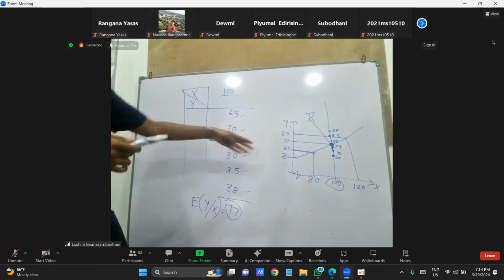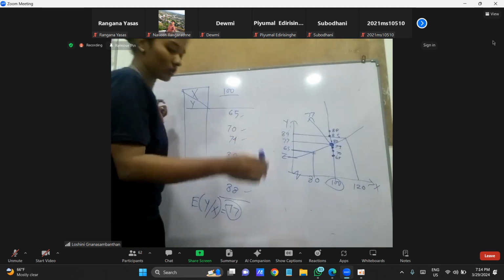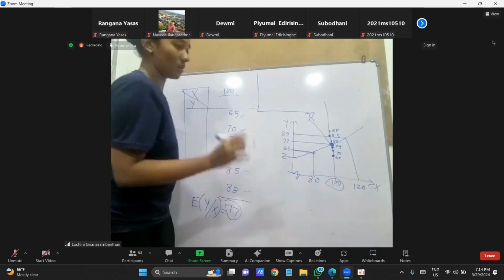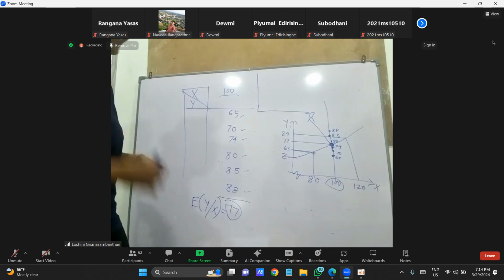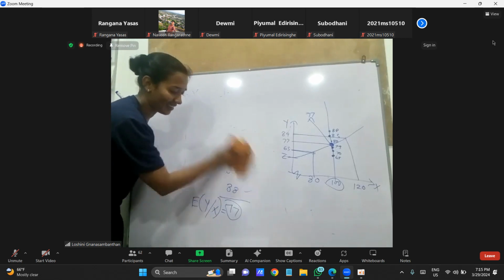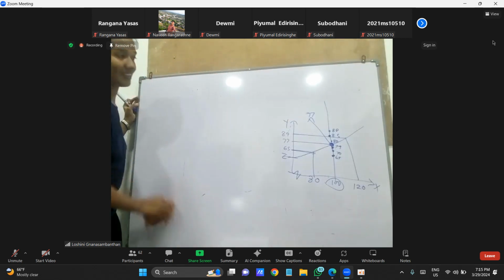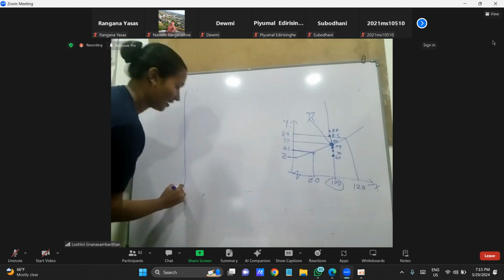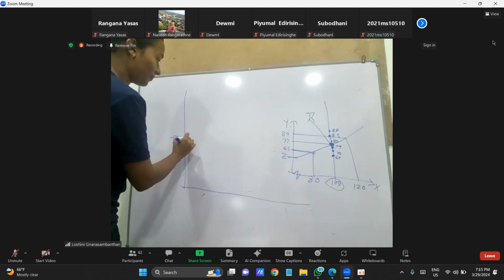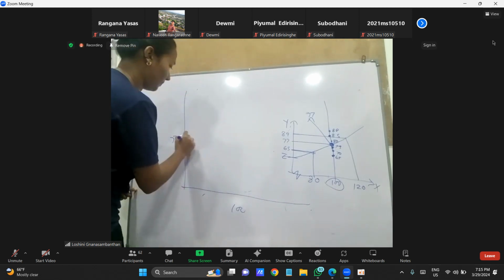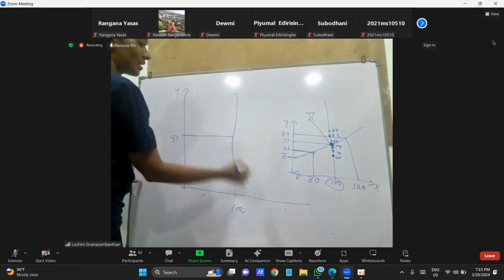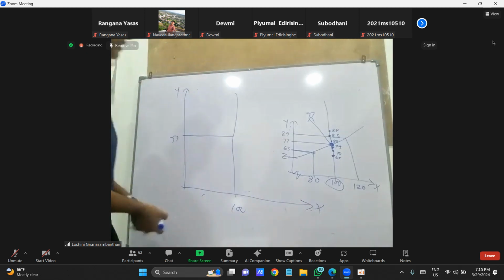So if I want to draw this clearly, there are so many lines here. I will erase and draw here. At 100, I'm not mentioning other amounts for clarity.